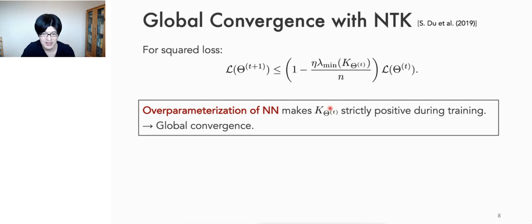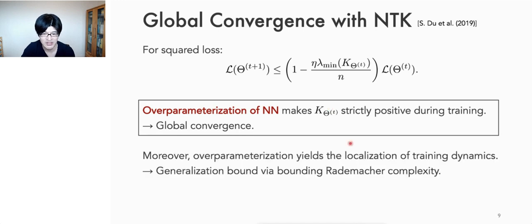In fact, several studies show that overparameterization keeps the Gram matrix strictly positive during training and shows global convergence at an exponential rate for regression problems using the square loss. Moreover, since overparameterization localizes the training dynamics, we can obtain a generalization bound via Rademacher complexity analysis.